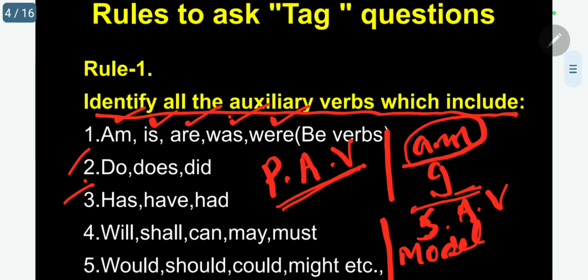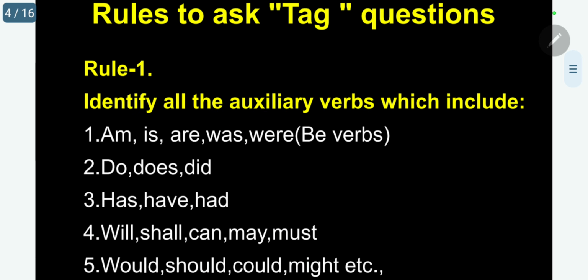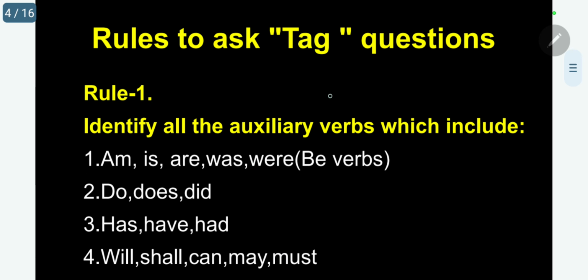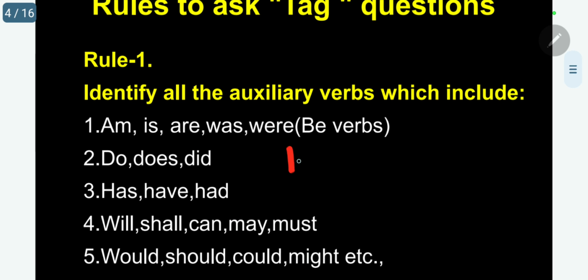So what is the main difference between the primary auxiliary verb and the secondary auxiliary verb? There are two important differences. The first difference is that the primary auxiliary verb will act as a main verb as well as an auxiliary verb. Please follow. A simple example: He is a boy.